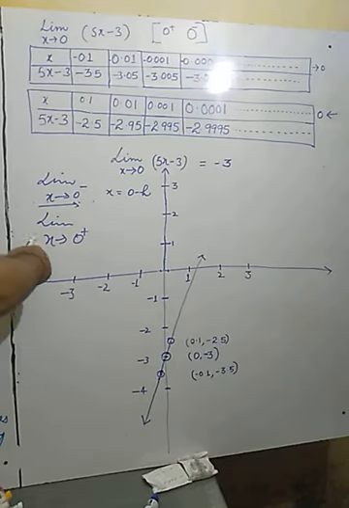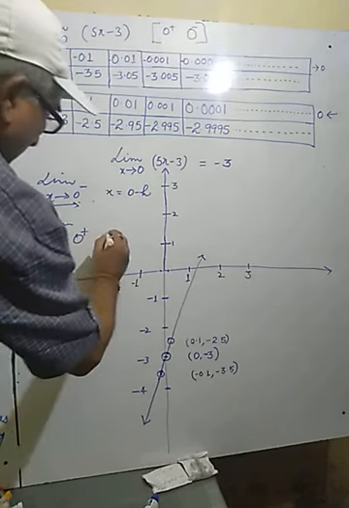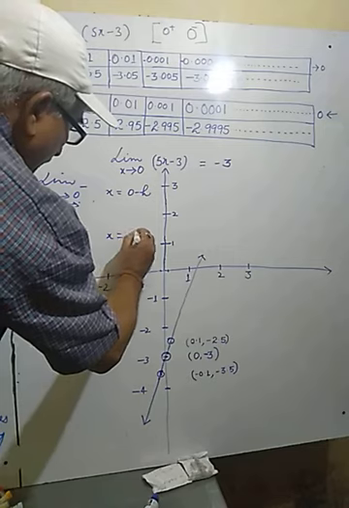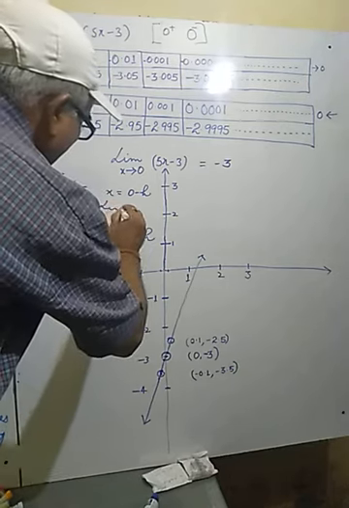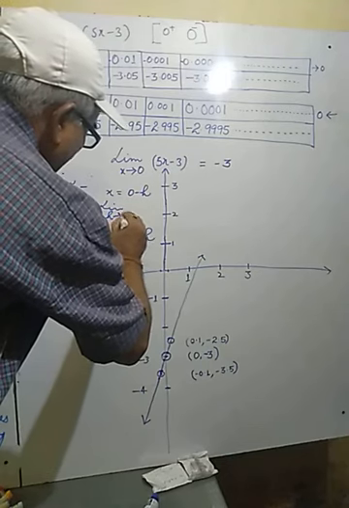If it is greater than 0, then x will be taken 0 plus h. But the limit will change because h is also approaching 0. So the limit will be h extends to 0.